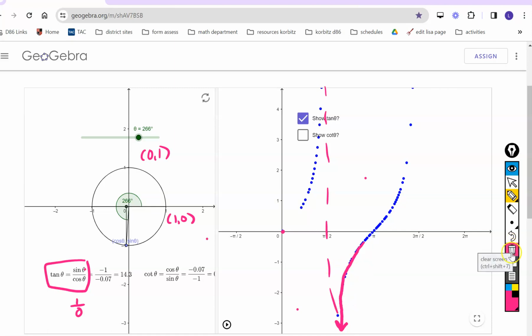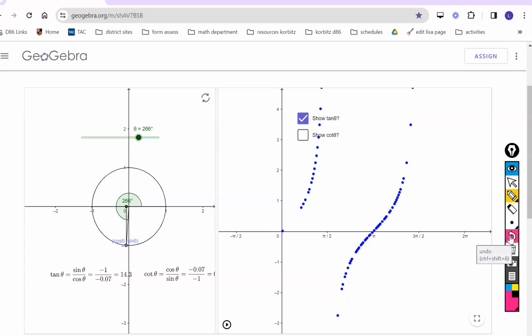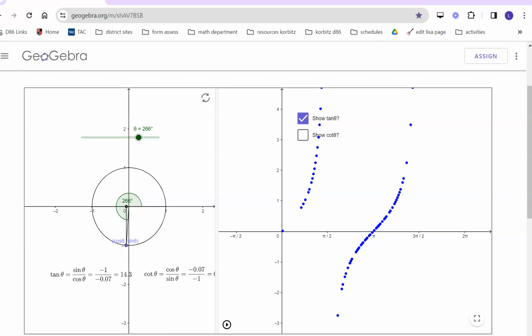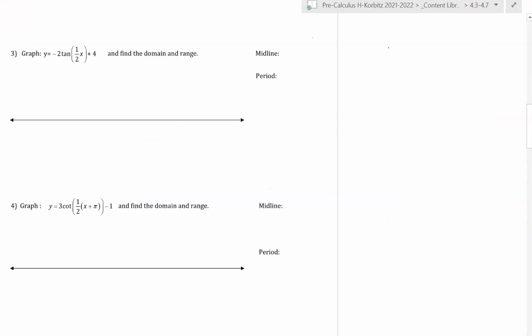Why don't we take a break now from GeoGebra and consider problem number 3. If you were to graph problem number 3, this is how I like to do it. I like to start by thinking about the tangent function without any transformations at all.